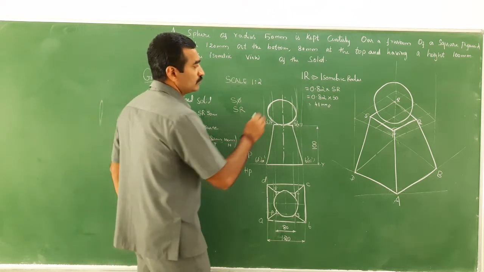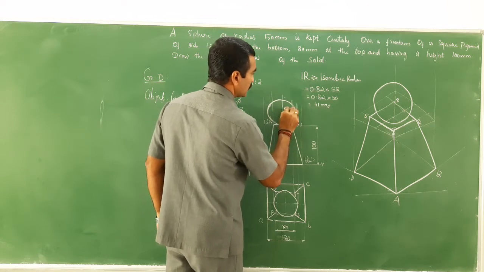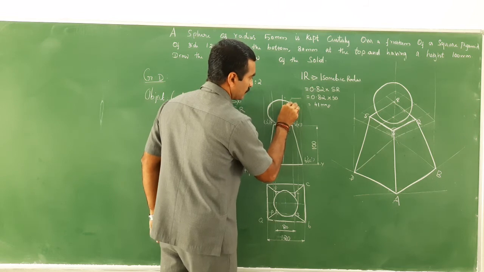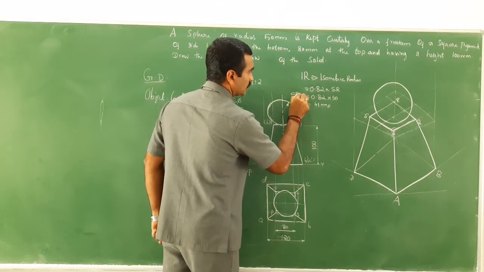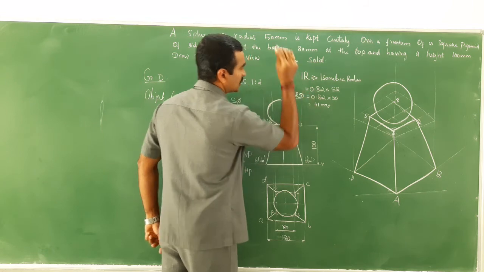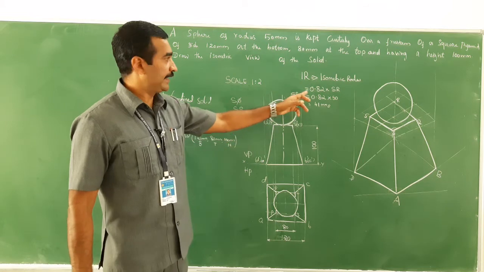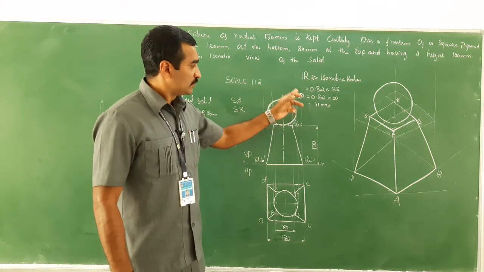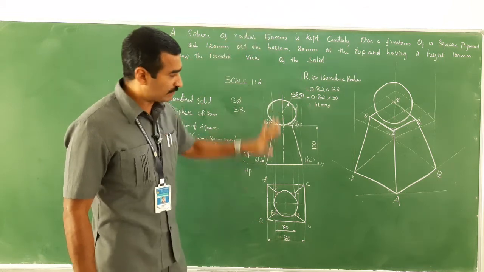Here I am going to mark the radius of the sphere. SR 50, which is nothing but sphere radius 50. Clear? So all the dimensions reflected in the question have been transferred here.